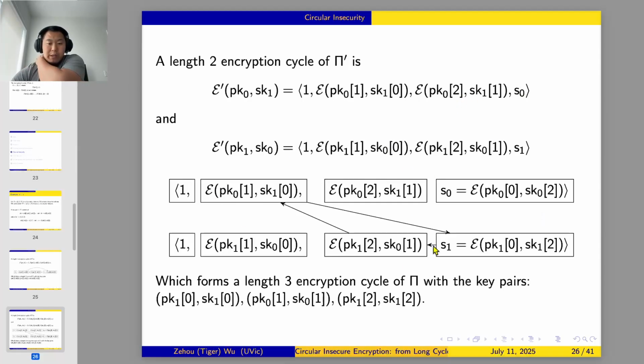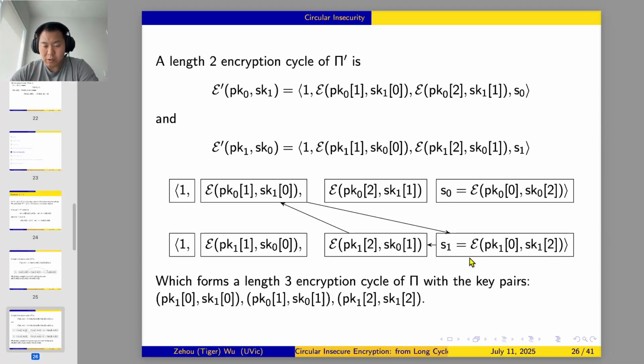And again, we can find a length 3 encryption cycle of the base scheme pi. So we can observe that we found a length 3 encryption cycle with the keys pk10, sk10, pk01, sk01, and pk12 and sk12.